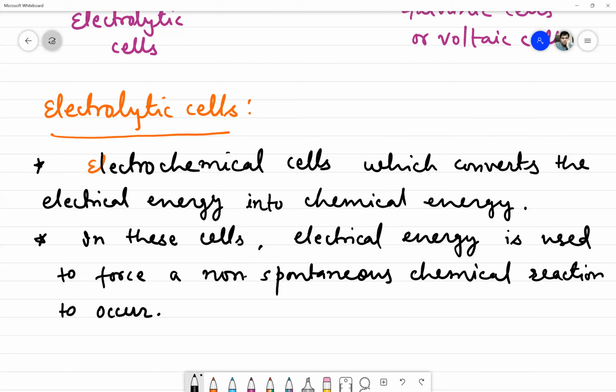So here the main purpose of an electrolytic cell is that electrical energy is used to force a non-spontaneous chemical reaction to occur.